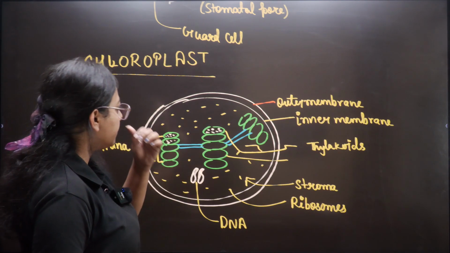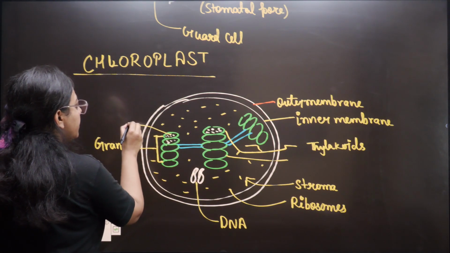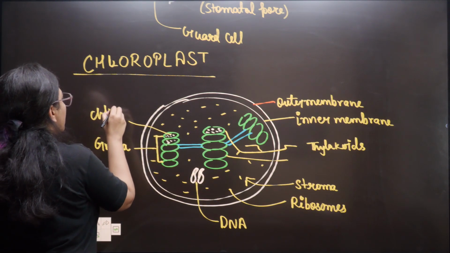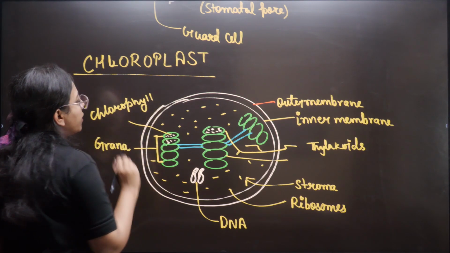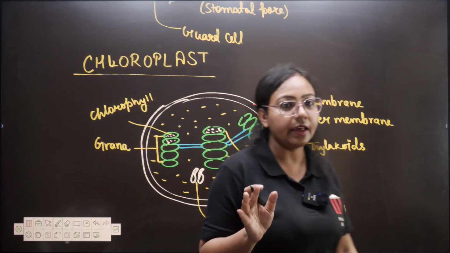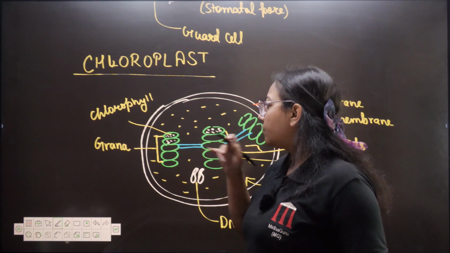I hope it is very clear to you. I haven't missed anything here. If you want, you can also label chlorophyll. Again, as I told you, according to the marks you need to do the labelings. However many marks there are, just double the labelings.